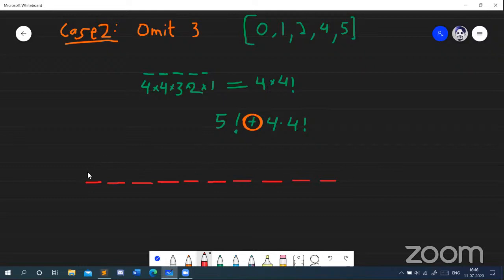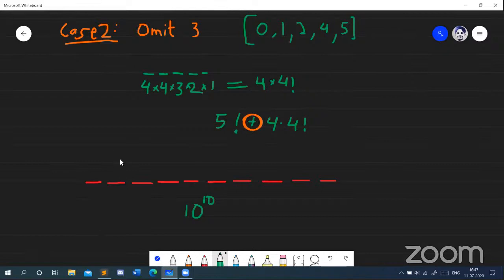When we're talking about a phone number, the first place can be 0, unlike the previous case. So my answer for this will actually be 10 to the 10. Why is that? I have 10 choices for the first blank: 0, 1, 2, 3, 4, 5, 6, 7, 8, 9.